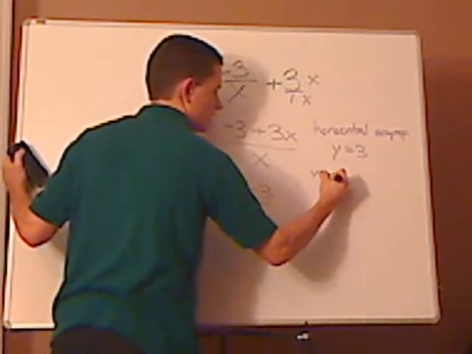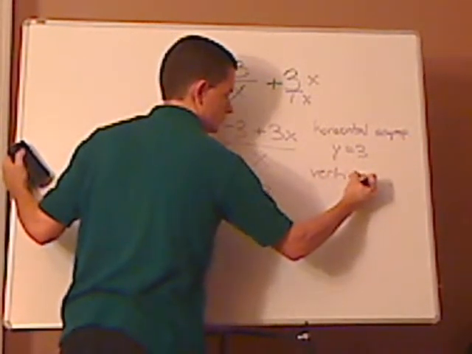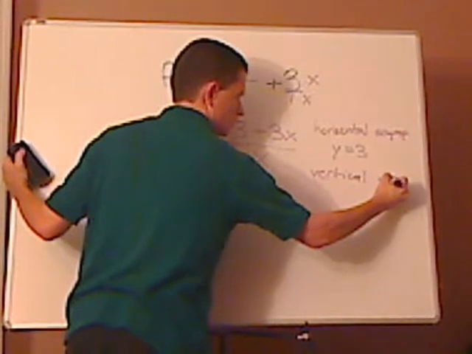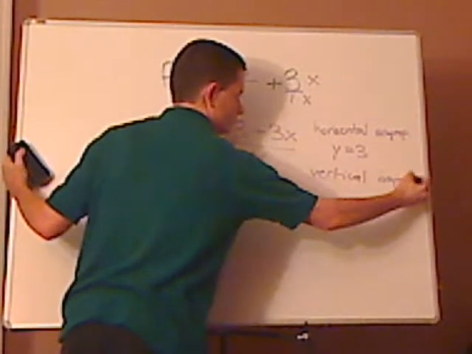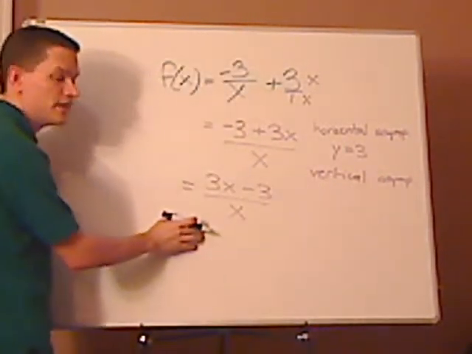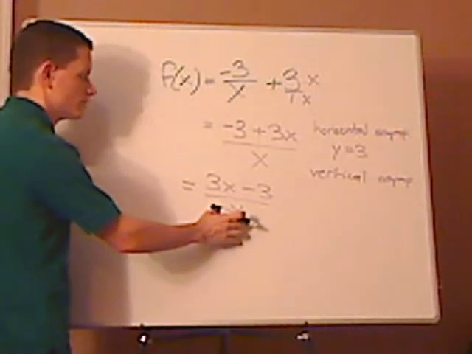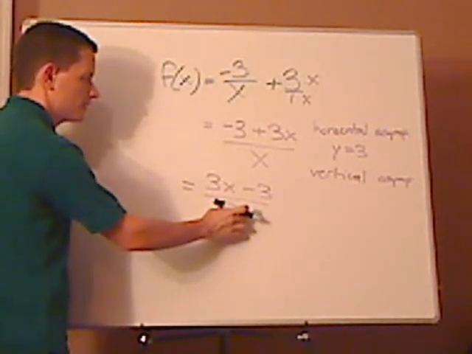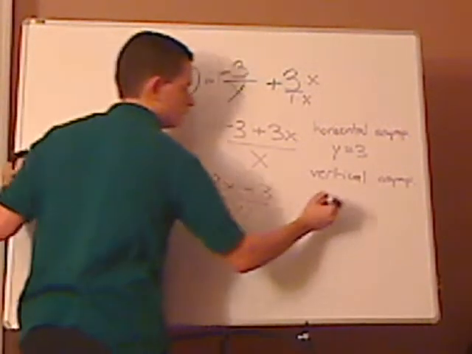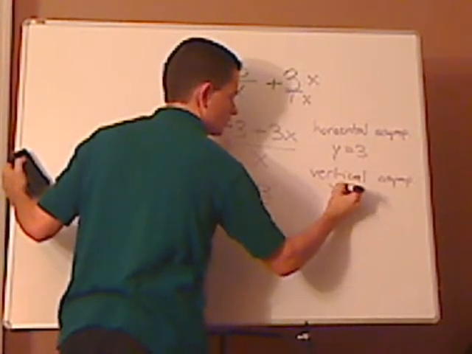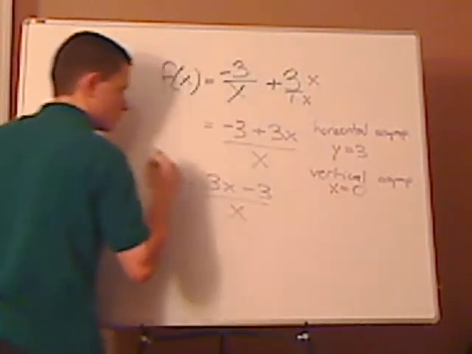Now I'm going to have a vertical asymptote here as well. To find that, you simply set the denominator equal to 0. So x equals 0 would be your vertical asymptote.